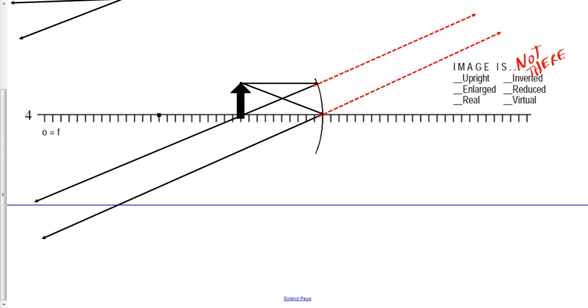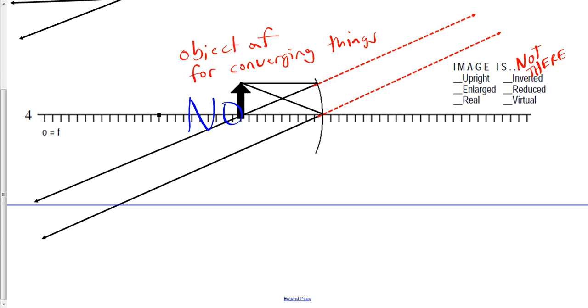But the rule is, whenever you have the object on the focal point for converging things, and this is also true for converging lenses, you don't get an image. And we'll look at what this looks like in the lab. When you're on the focal point with a converging mirror or a converging lens, you do not get an image.